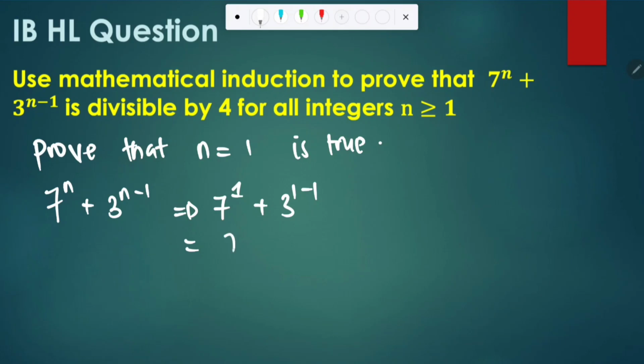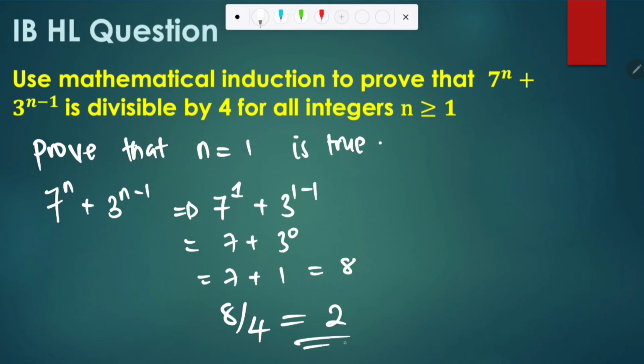And this would give us 7 plus 3 to the power 0, and that is obviously 8. So now 8 is divisible by 4, since 8 divided by 4 is equal to 2. Okay, that's the first thing you do.